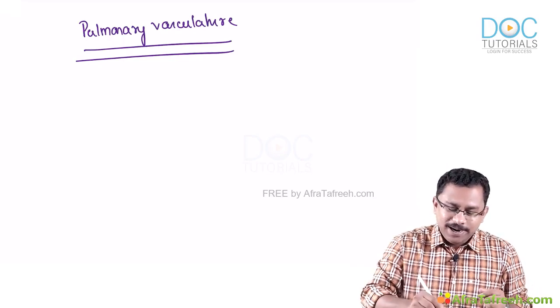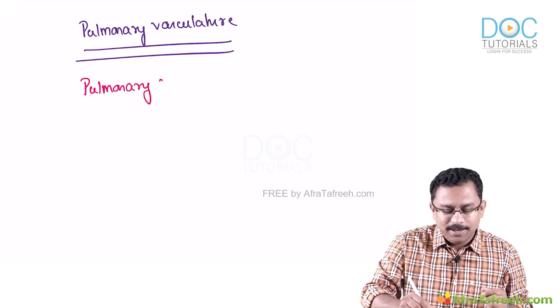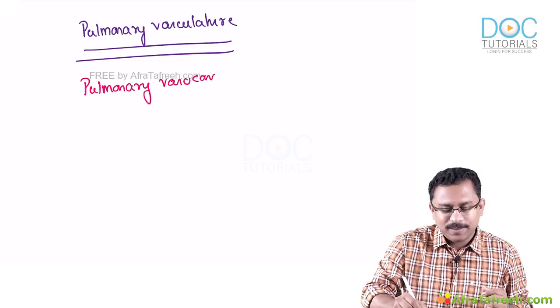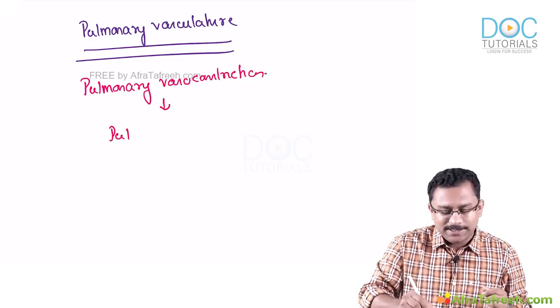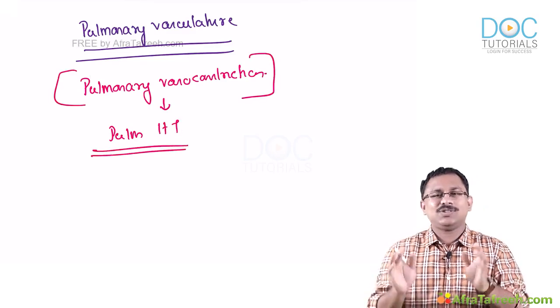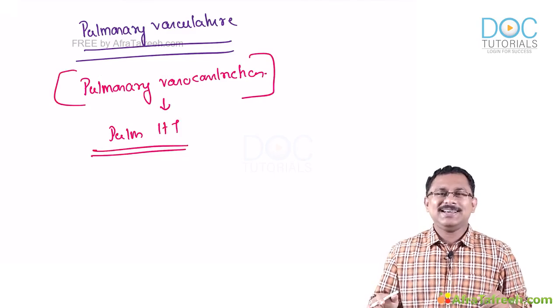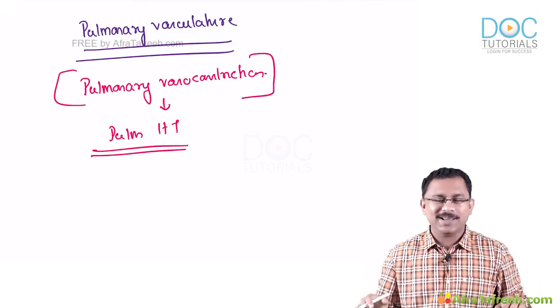There is a pulmonary vasoconstriction. And this can lead on to pulmonary hypertension as well. So there is a pulmonary vasoconstriction also happening in ARDS, so it can affect your pulmonary vasculature as well.